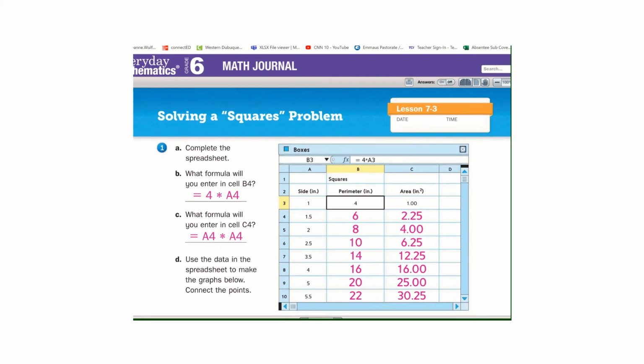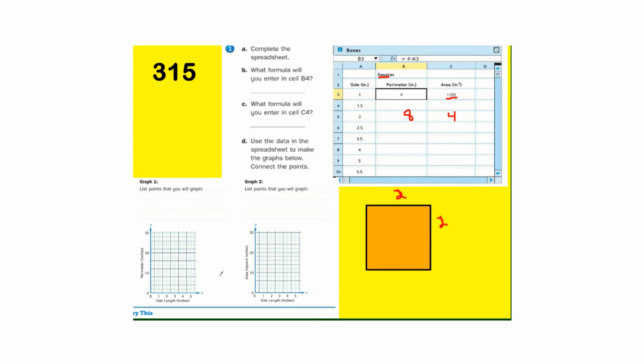Okay, now it's asking you over here on graph 1 and 2. So we're going to graph the perimeter here. So at 1, we go over to 4. Here's the perimeter. At 1, go up to 4. Place your point. I'm going to skip down to 2. 2, 8.